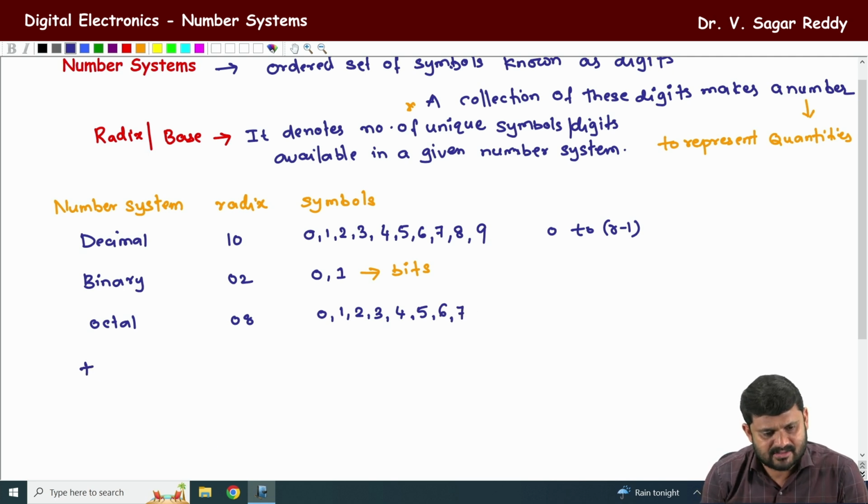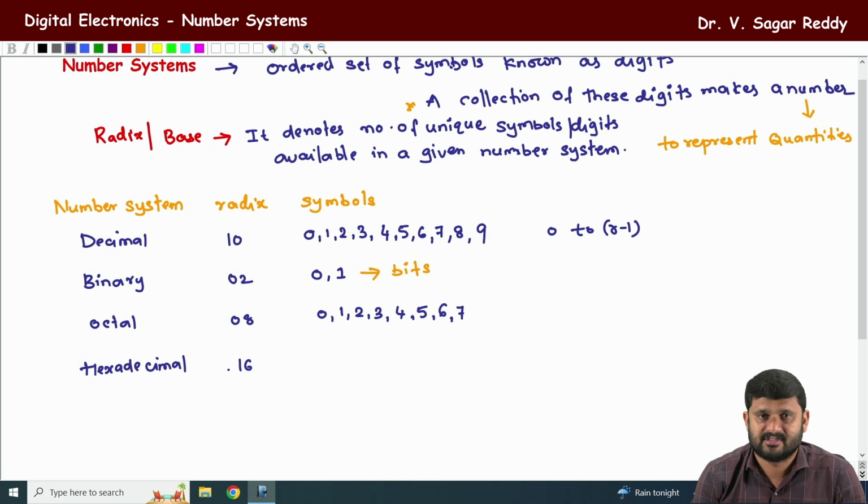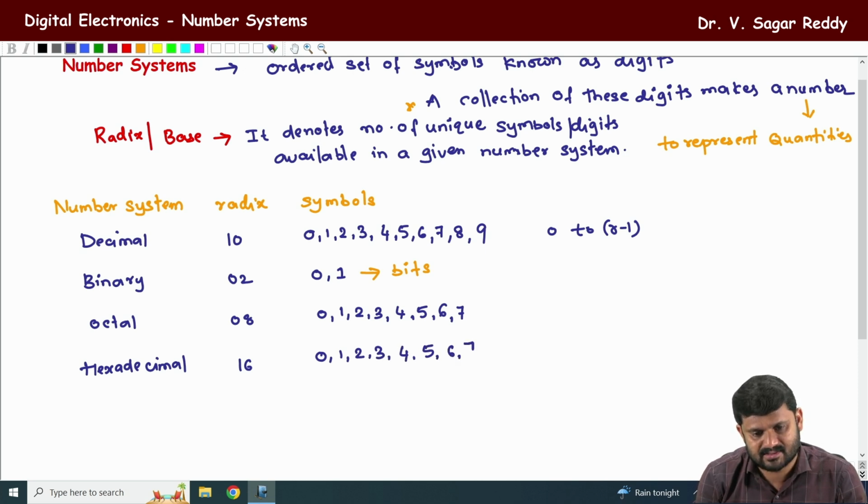And one more number system, hexadecimal. The radix is 16. We have 16 different symbols in the hexadecimal number system. Those are 0, 1, 2, 3, 4, 5, 6, 7, 8, 9.